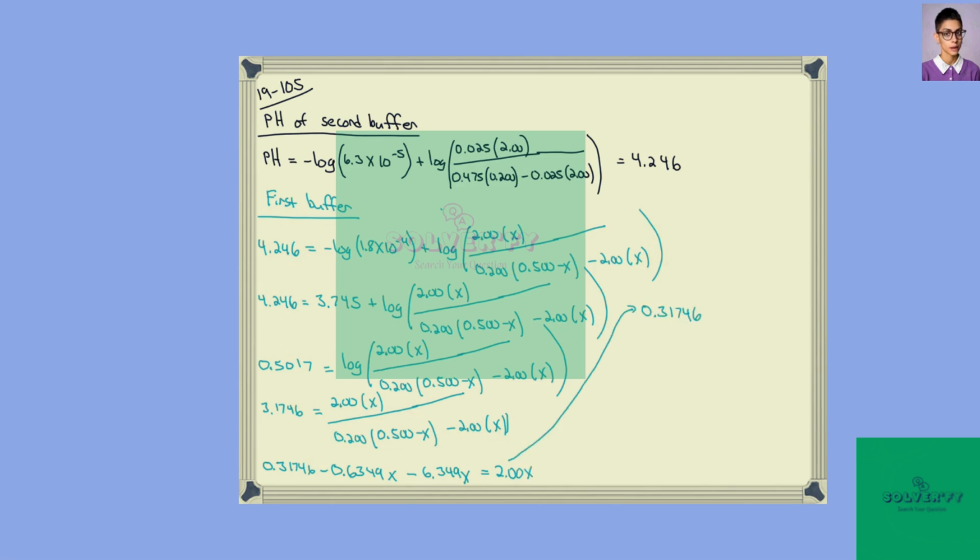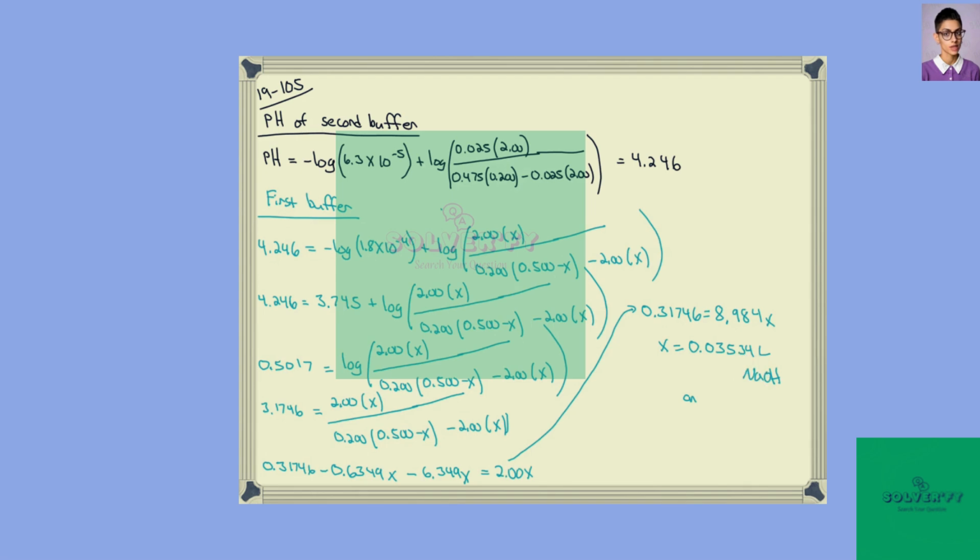Then I will collect my like terms, all my x terms and all my non-x terms, and I'll get this expression, and then divide both sides by 8.984, and x becomes 0.03534 sodium hydroxide. This is the liters of sodium hydroxide that I need to add.